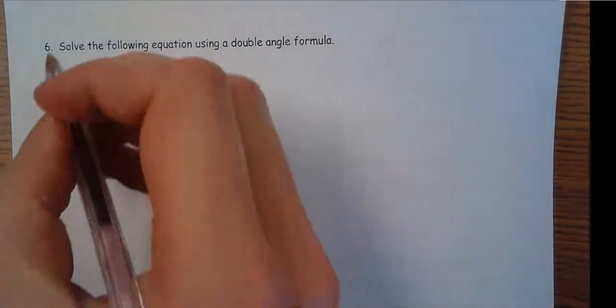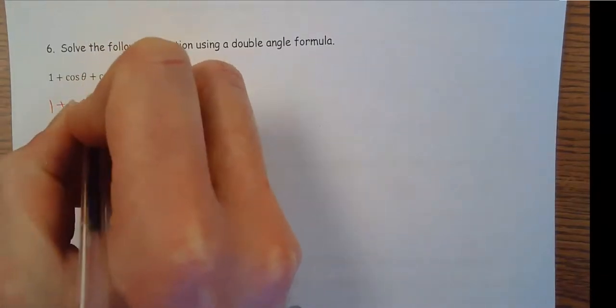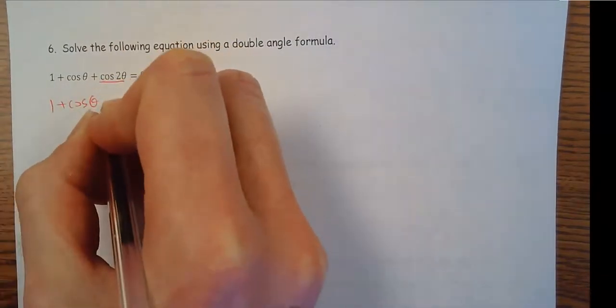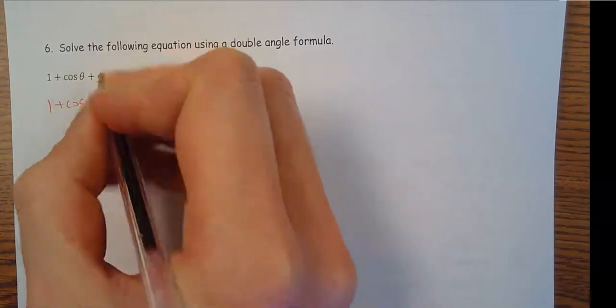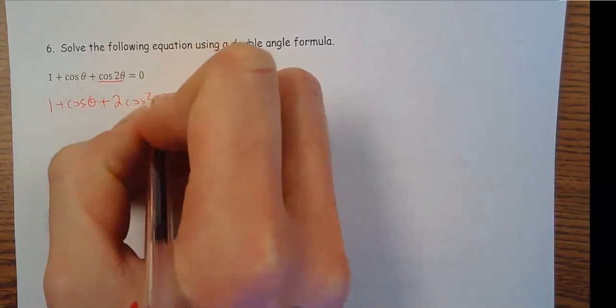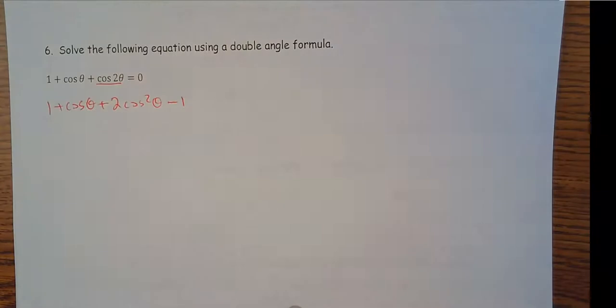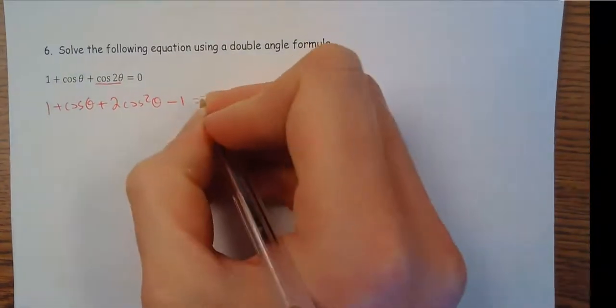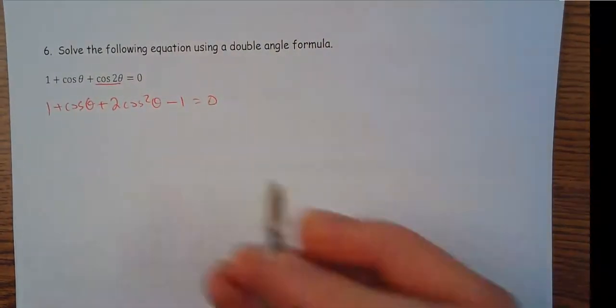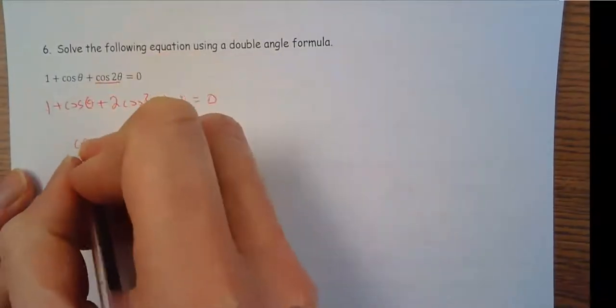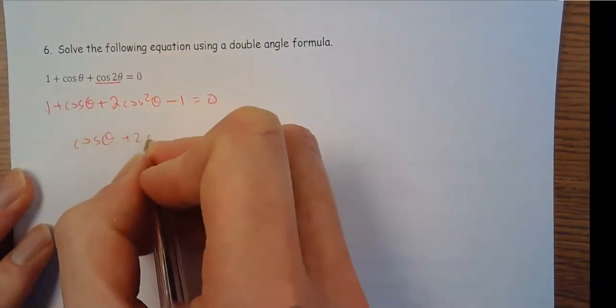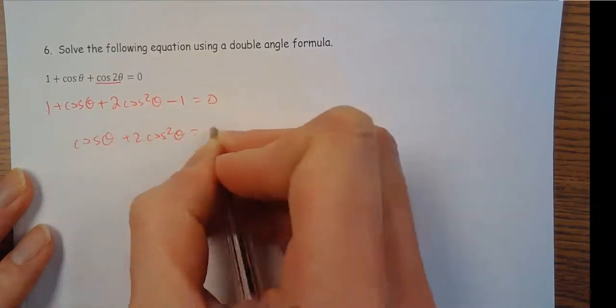So I'm going to take 1 plus cosine theta, and I'm going to replace this with 2 cosine squared theta minus 1. And I want to know when does that equal 0.